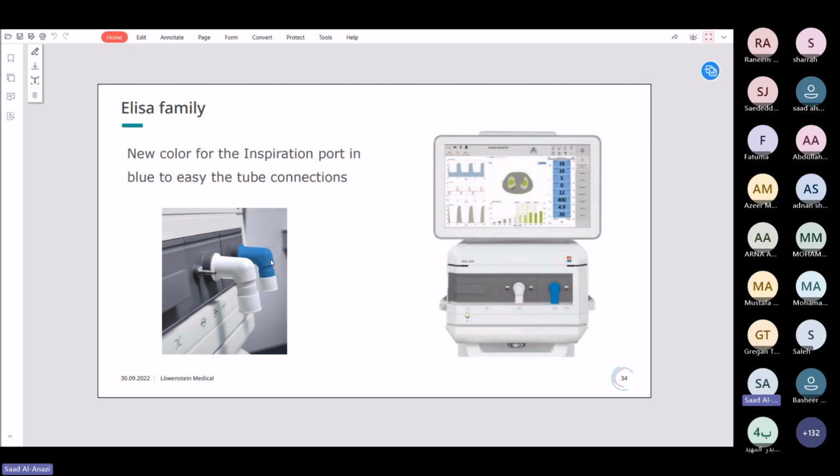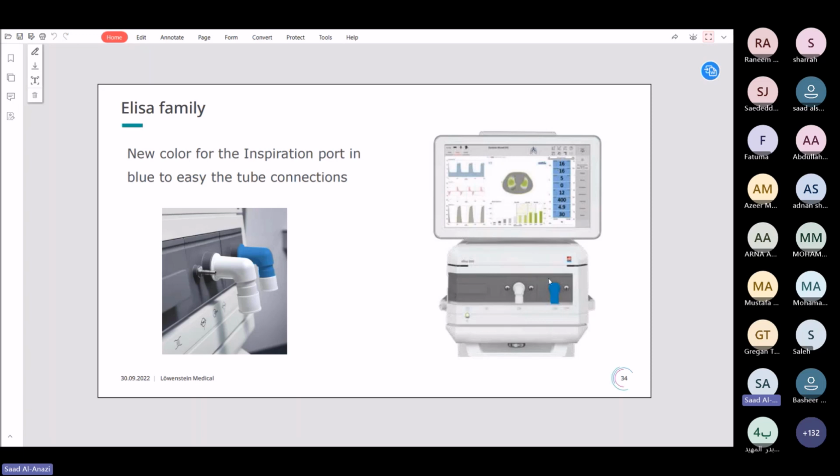In the blue one is the inspiratory valve, and the white one is the expiratory valve. So this one is already built in, it only requires the end user to sterilize it, reconnect it and reuse it again. And also the circuit here is an open system circuit.